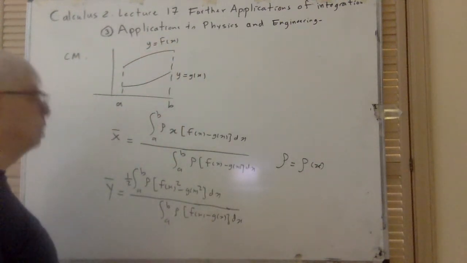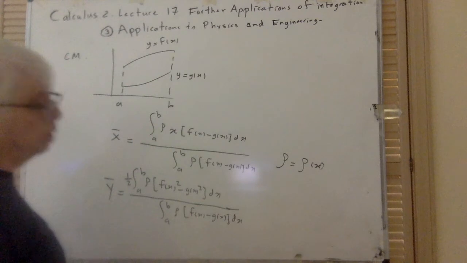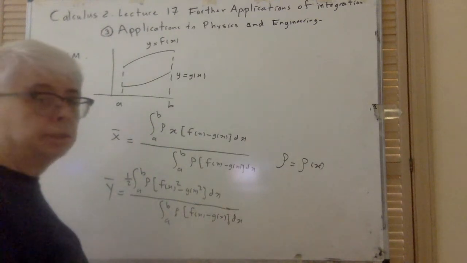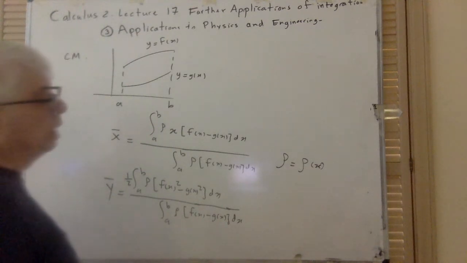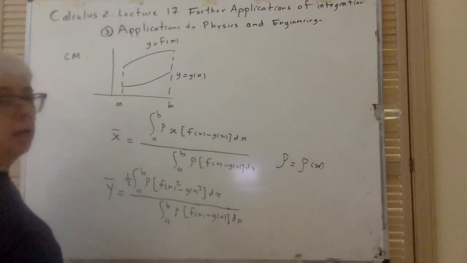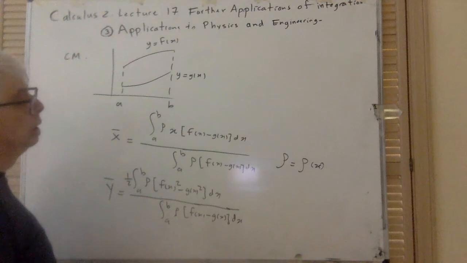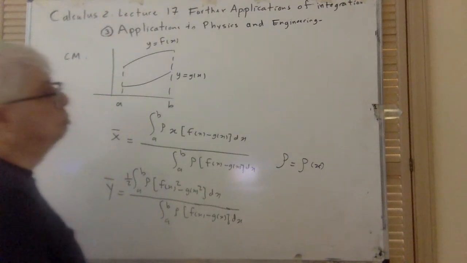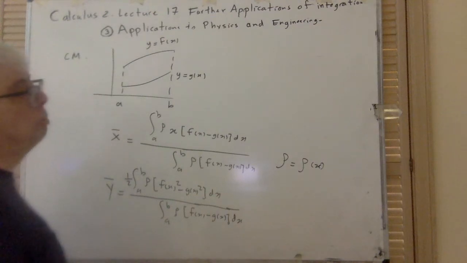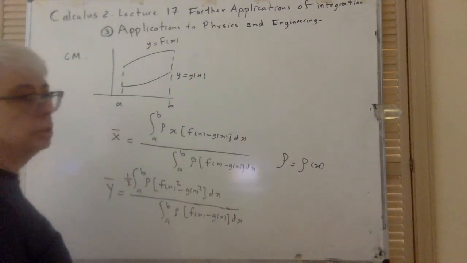You might say, what if rho is a function of both x and y? Okay, now you have to wait until Calculus 3. The worst we can have here is rho being a function of x, so don't go that far. And that can happen. You might have some object where the rho changes with, say, height.